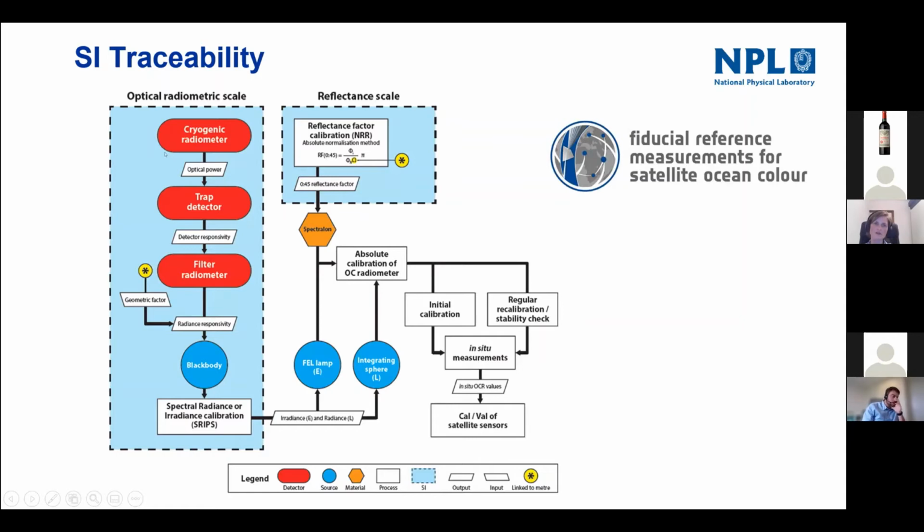So what is going on at the moment when we want to establish the scale? Our primary standard, which is at the top of the scale, is the cryogenic radiometer, which defines the optical power. And from that optical power, we can derive the responsivity using a trap detector.